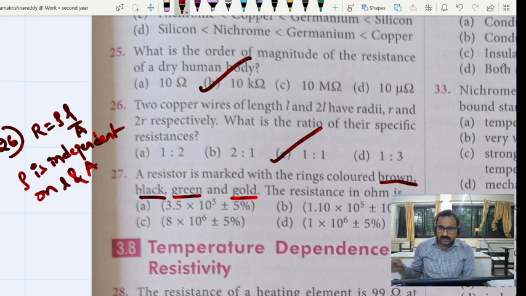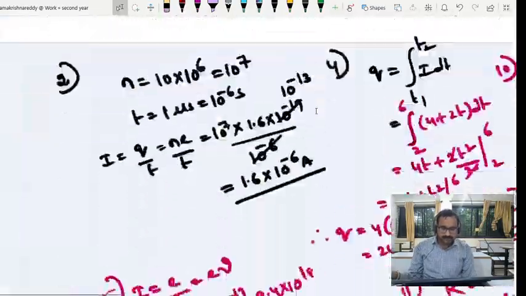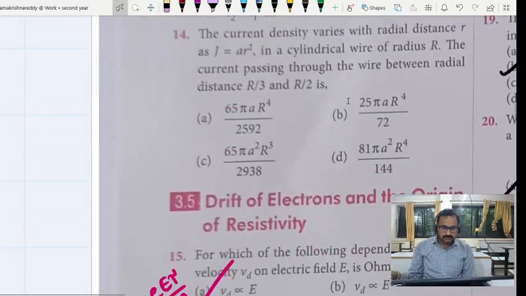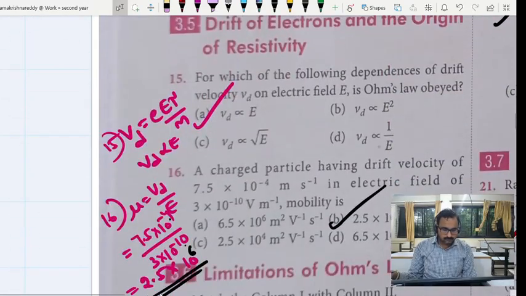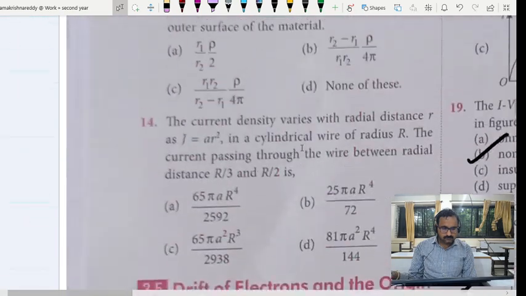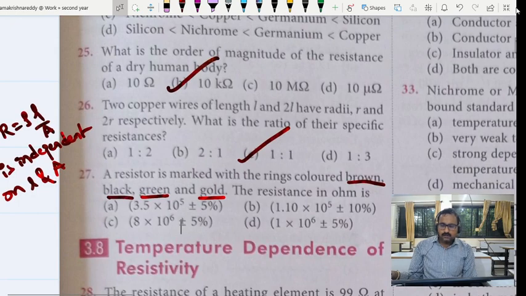Already you know the colors, what is the green color, and the remaining I will also share with you, we discussed already. Black, brown, green, gold.